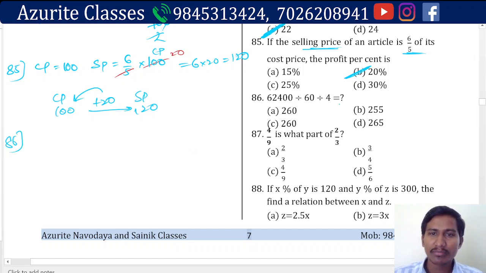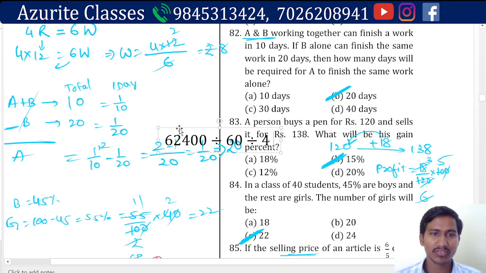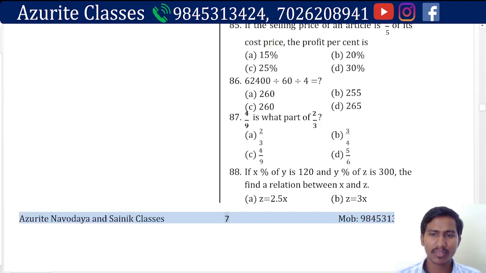What? Divided by this, we have to do division. How? So students, we have to go from the starting. When this type of questions comes, we have to go direct, that is from the starting.